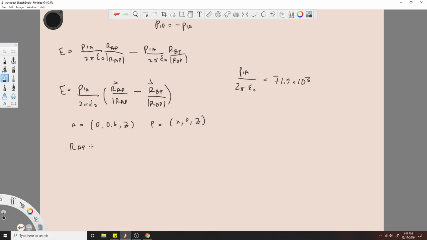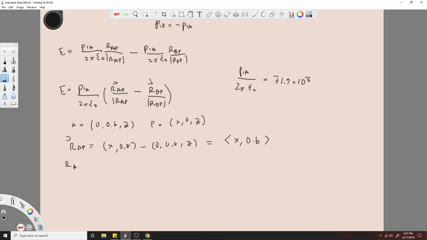So RAP is P minus A: x, 0, z minus 0, 0.6 z, is equal to x, 0.6, and this z and that z make a 0. So that's all you're left with. You don't even have a z value.